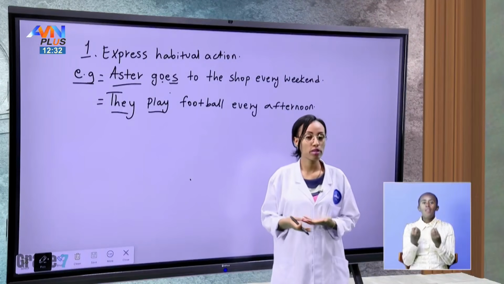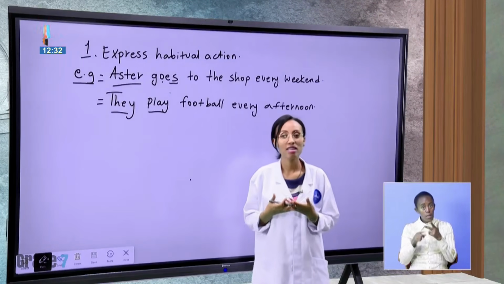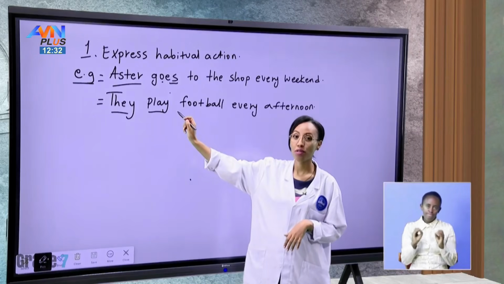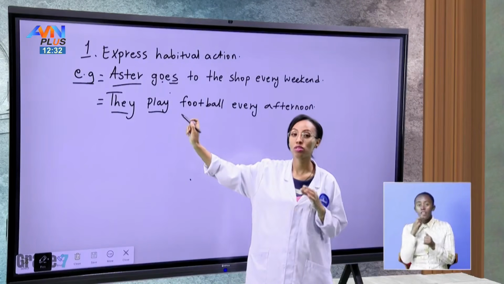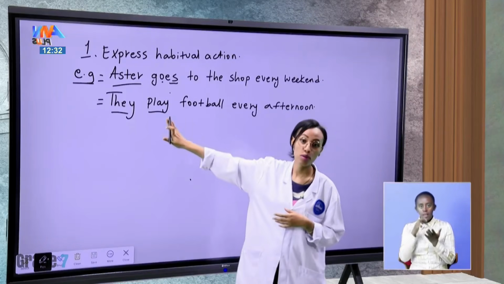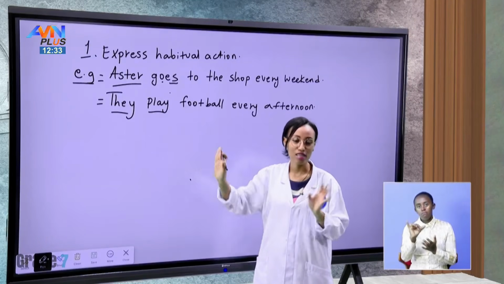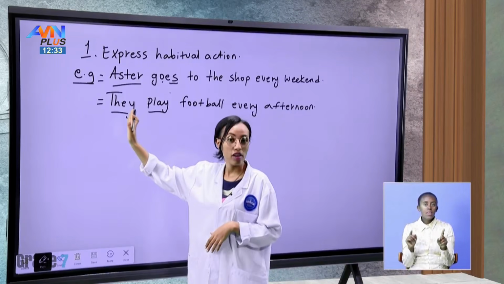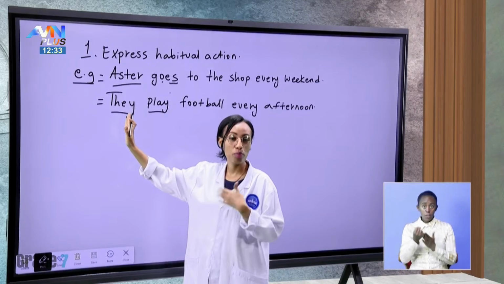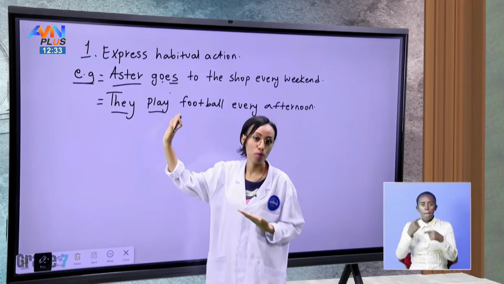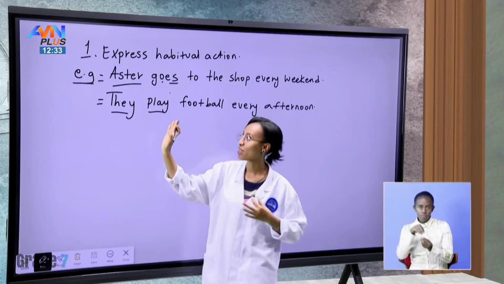The third person plural does not take s or es at the end of the verb in the simple present tense. So our verb is as it is. But if we put he or she or it in our subject, then our verb will add s at the end.